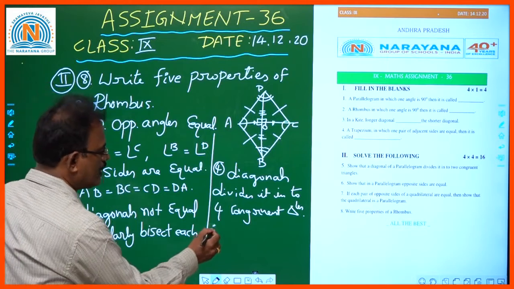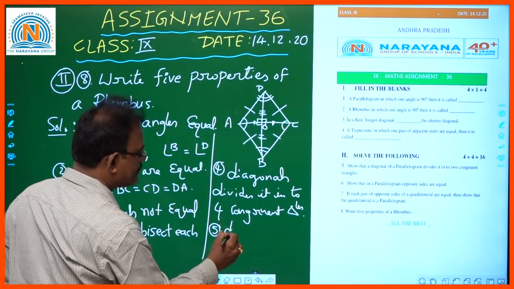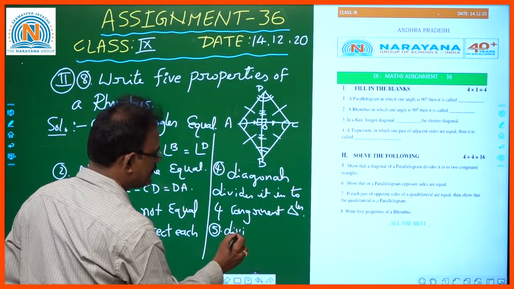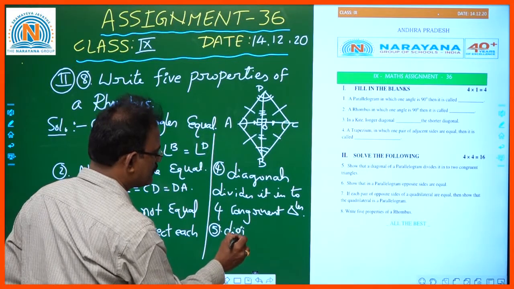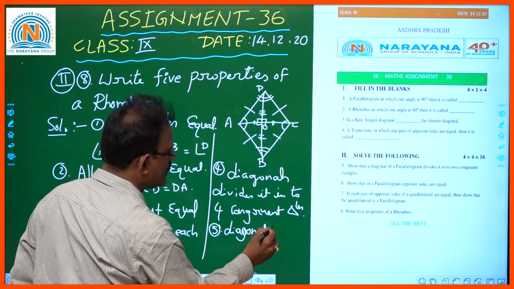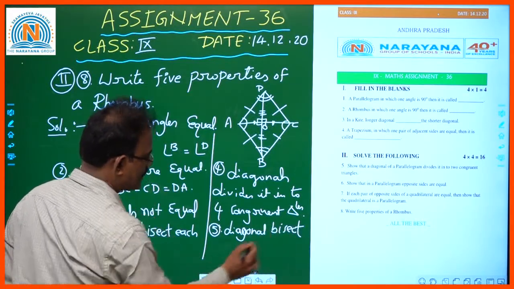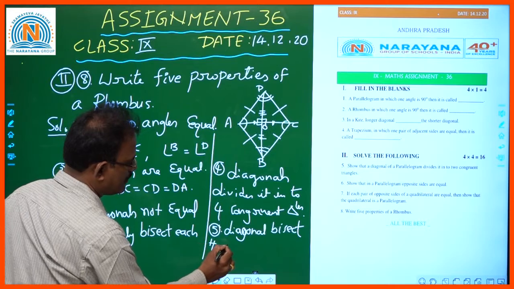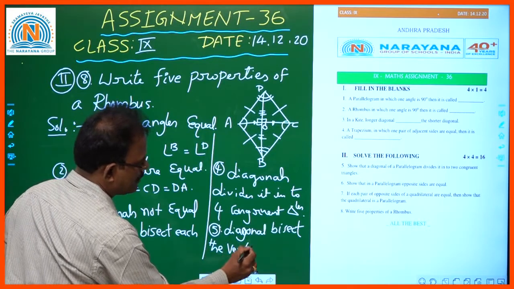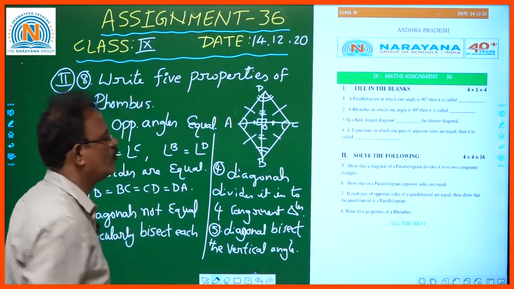Okay, children. Now, one diagonal bisects the vertical angle.